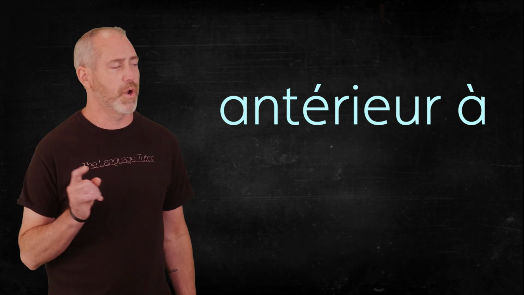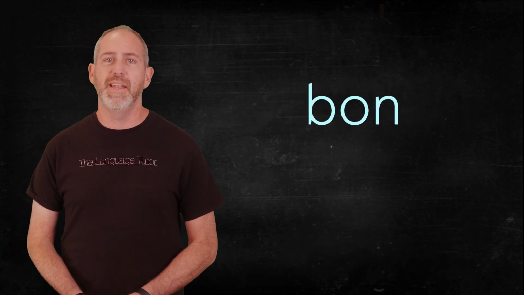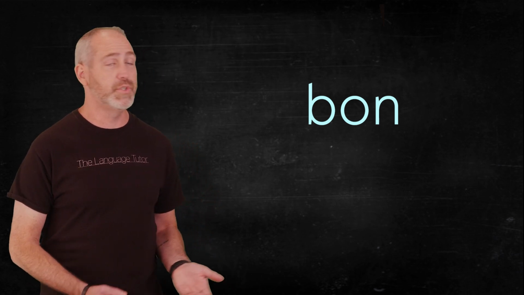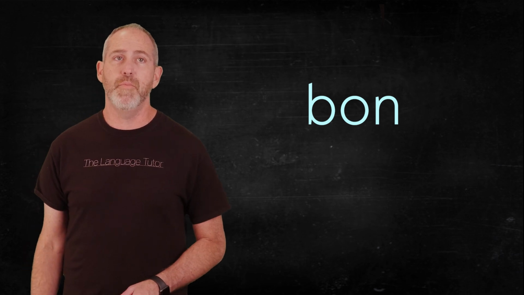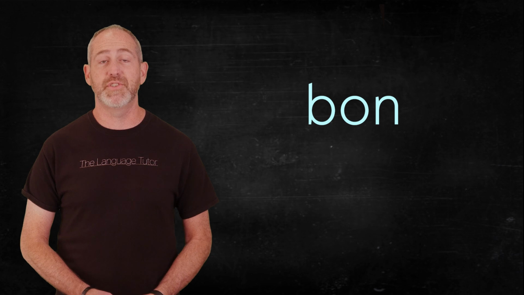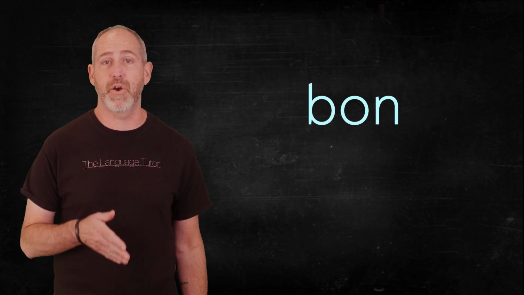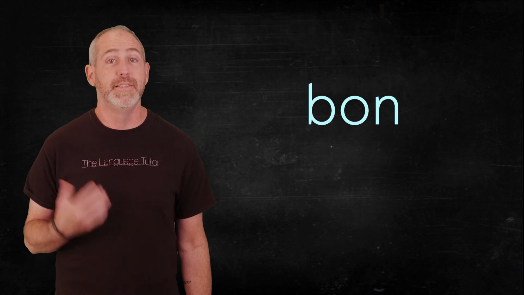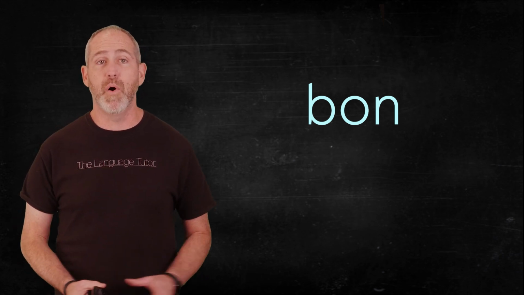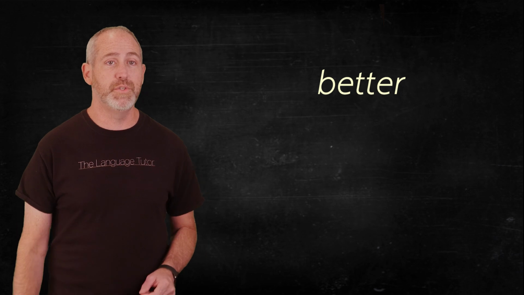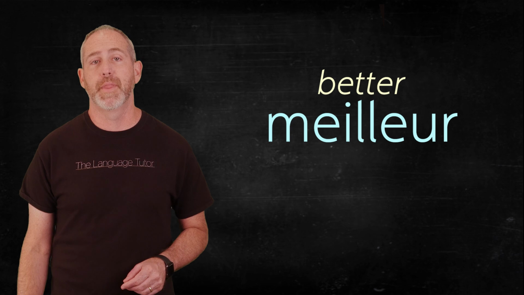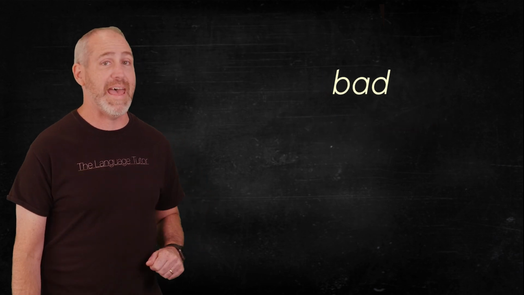Now look at this word, bon. Now, if we're saying something is good in French using bon, when we compare, we don't say gooder. We have a separate word that means better. We say good and better. Same thing in French. There's good and there's better. So we have bon and better is going to be meilleur. Same for the word bad.